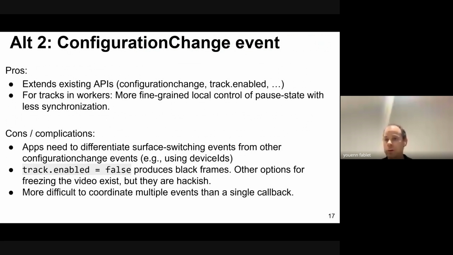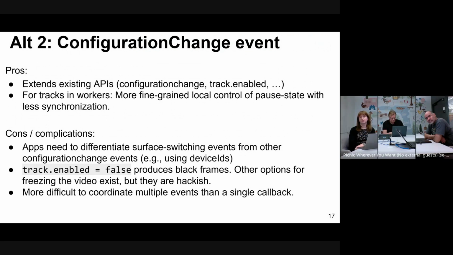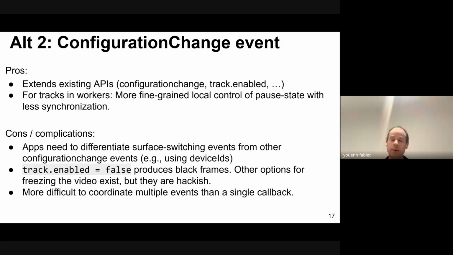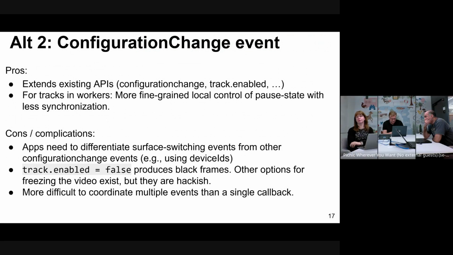So you cannot use the pausing API to pause the sending, because the sending will last longer than the pausing for the local preview. So you anyway need some differentiation. That's one concern there.